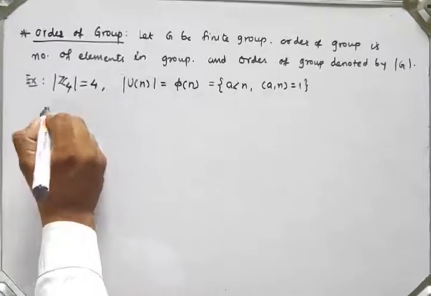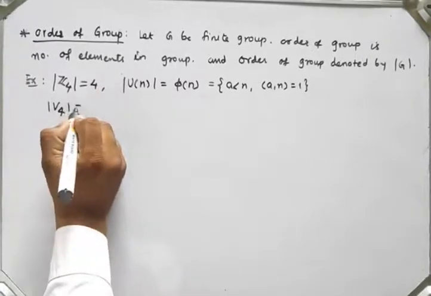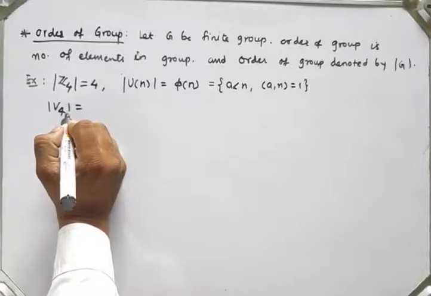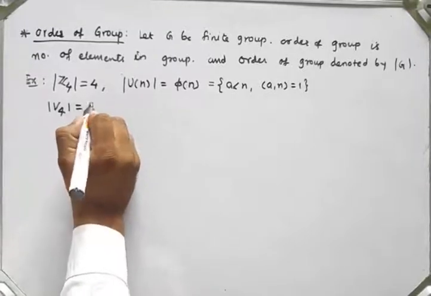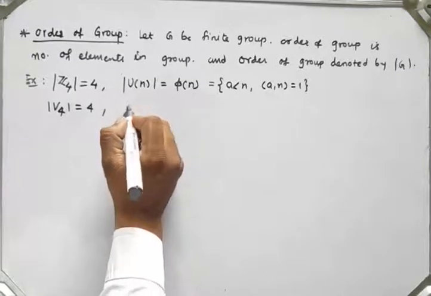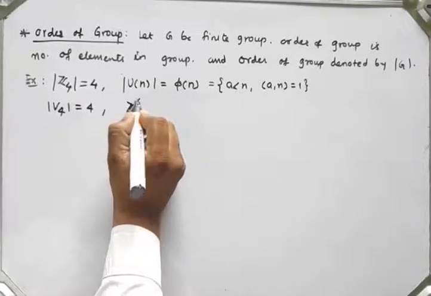Next V4, the Klein 4 group. How many elements are in the Klein 4 group? There are 4 elements: identity, a, b, and c. So the order of the Klein 4 group is 4. Next Zn star.